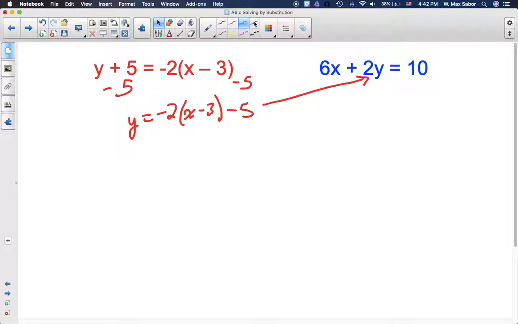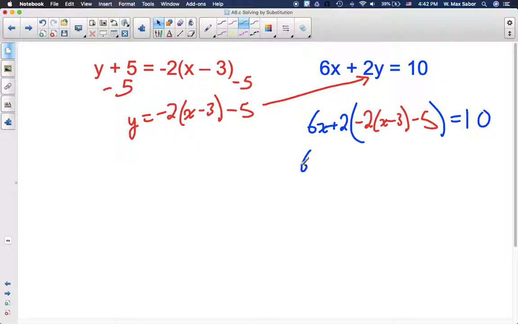So we have 6x plus 2 times what we just substituted in, negative 2x minus 3 minus 5. To solve this, we'll definitely need to simplify the left side of the equation. 6x plus 2 times, we'll have to simplify that, negative 2x plus 6 minus 5 equals 10.